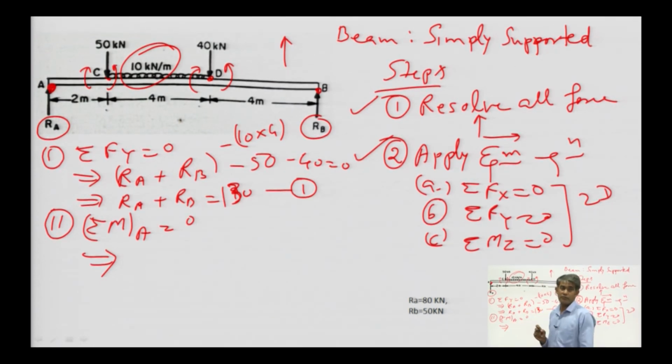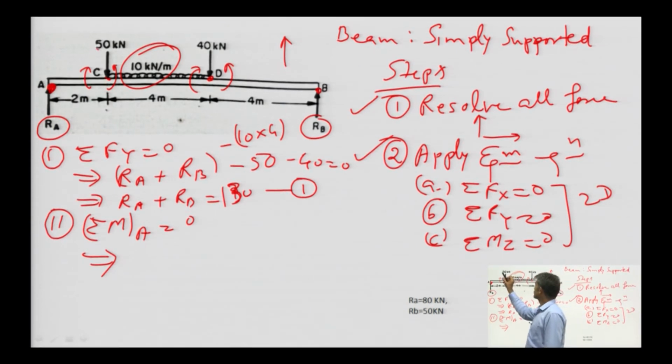Take one by one force. At point A, R A is acting. So, the moment of this force will be R A into perpendicular distance, which will be 0. Why will it be 0? Because the force is acting at the same point, that is why R A into 0, no need to write.